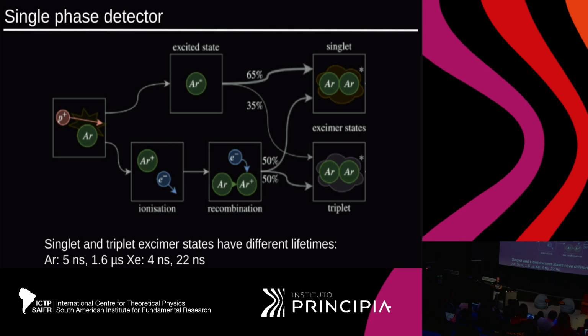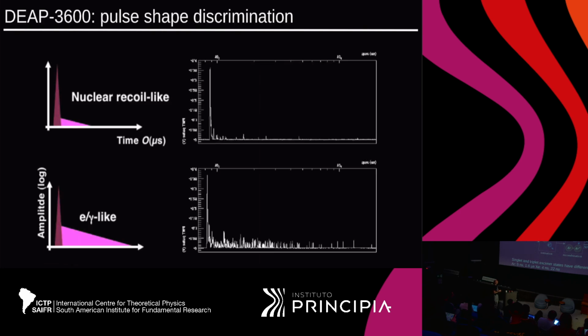So we can exploit this to identify nuclear recoils from electron recoils, because it turns out that nuclear recoils and electron recoils produce these two states in a different fraction, okay? In nuclear recoils, you pretty much produce a lot of the fast-lived ones, and very little of the other states that live longer.